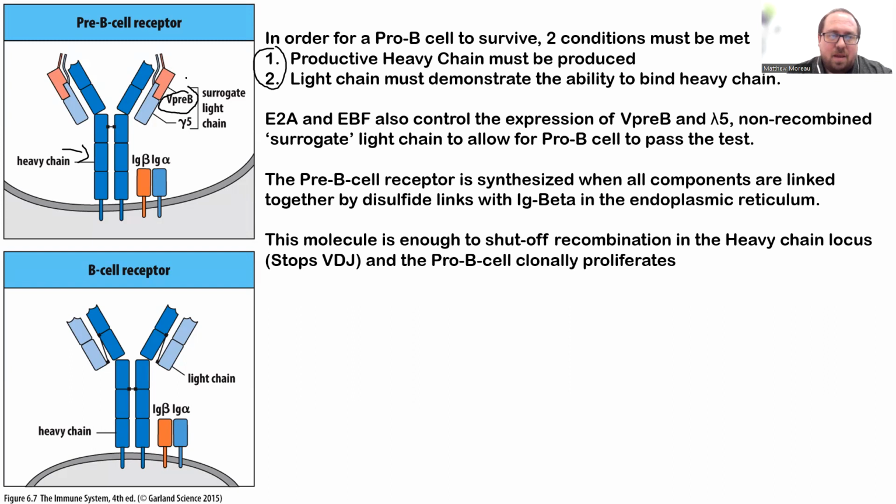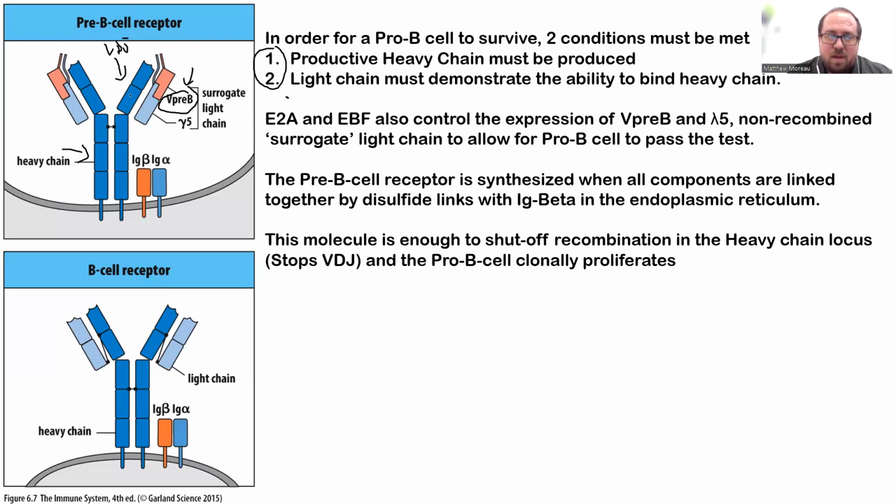V-pre-B is expressed in relationship to the VDJ recombination in the heavy chain. Once the heavy chain has undergone VDJ recombination, that triggers the activation of V-pre-B. So you get heavy chain VDJ recombination, it's productive, and it produces a heavy chain that can be expressed. This then again activates and continuously expresses IL-7.